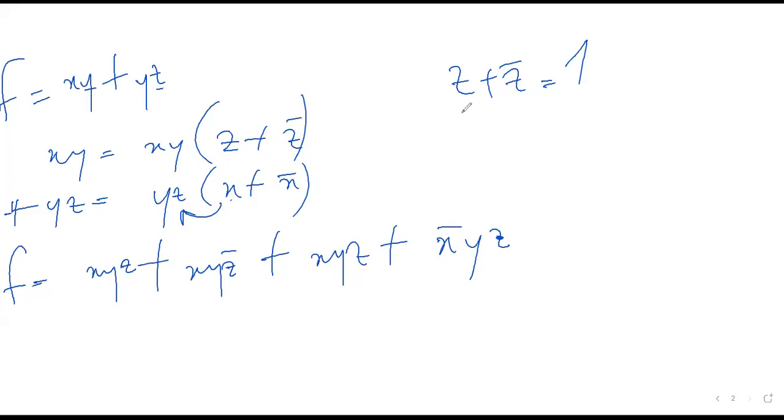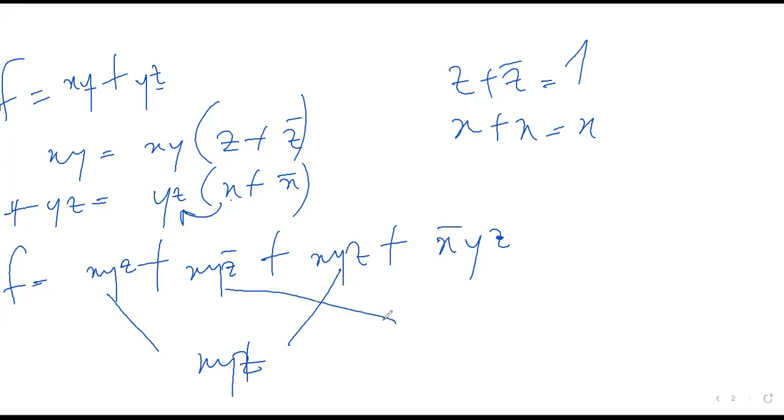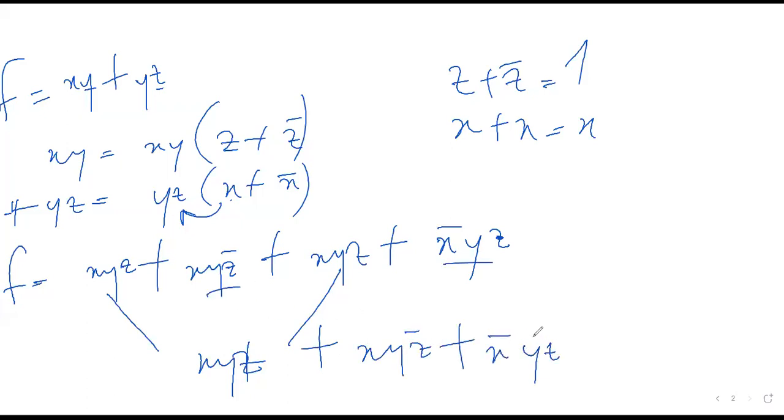What is x plus x? x plus x is equal to x. So if I add this and this, it gives me xyz. If I add this and this, it's not the same. So I have xyz plus xyz bar plus x bar yz.